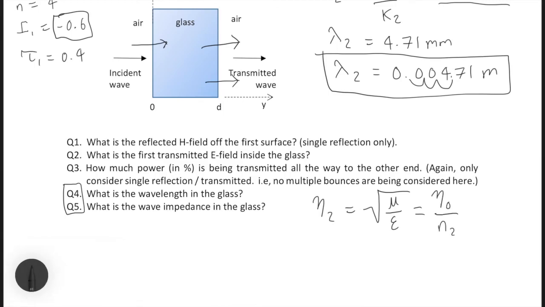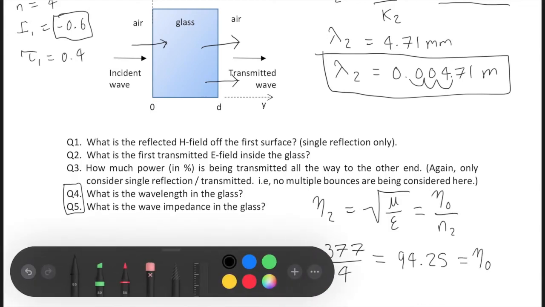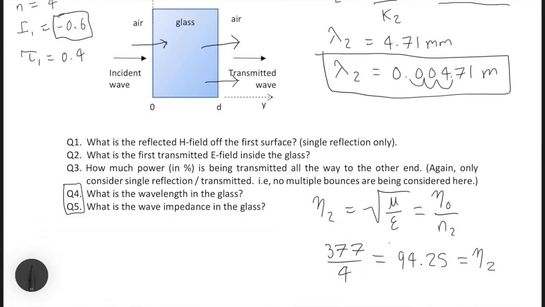This is basically saying that the characteristic wave impedance divided by the refractive index will give us eta 2. So if we do that calculation, it's 377 over 4, which is equal to 94.25. So that is our wave impedance of the glass. And that's everything for this problem.